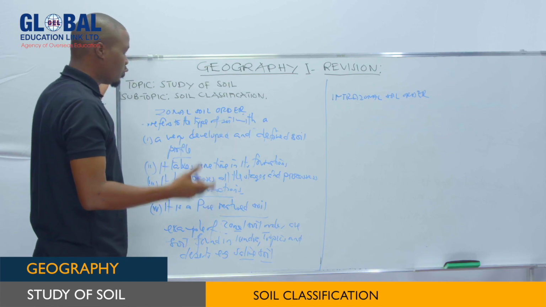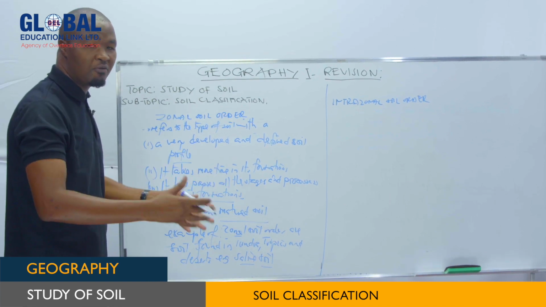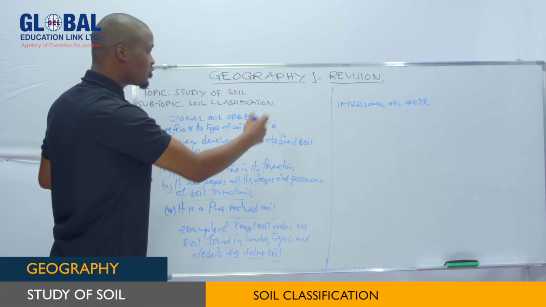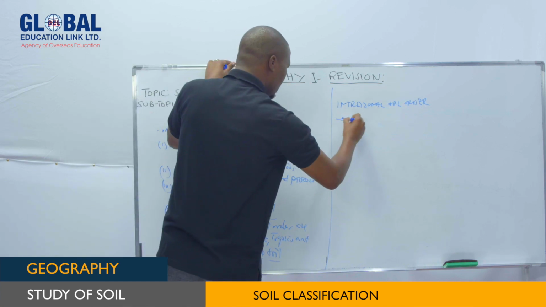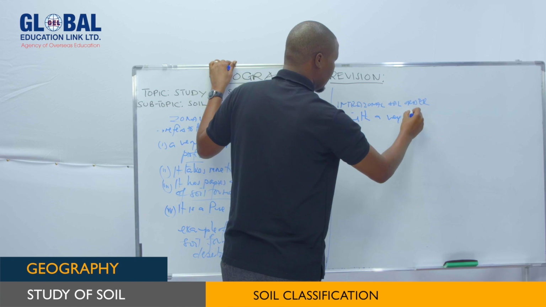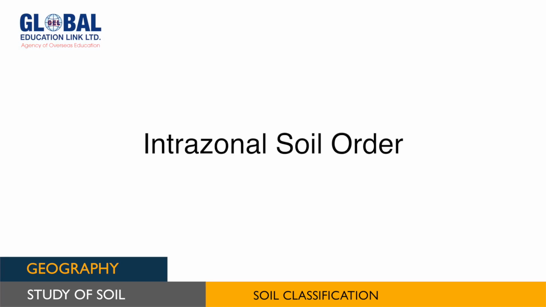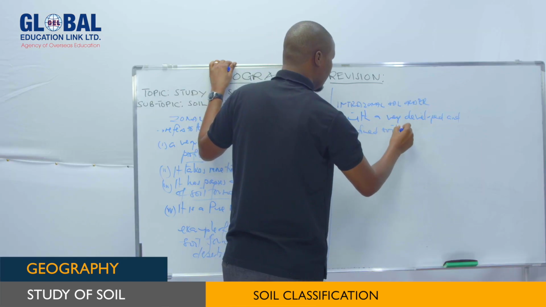As I said earlier, we group soil according to its own characteristic, with a distinct feature or different features which distinguish it from the other groups. So intrazonal soil order refers to the type of soil order with a very developed and defined soil properties.